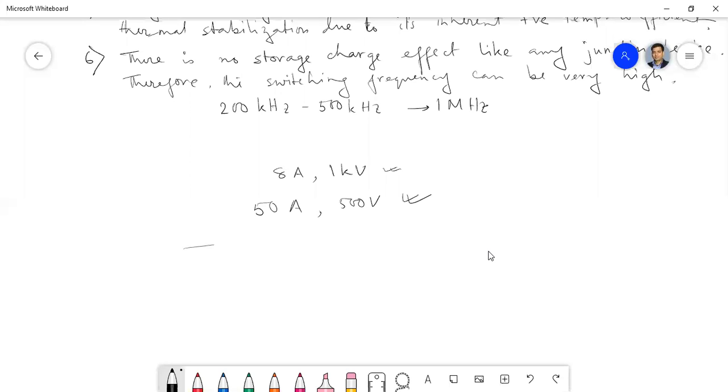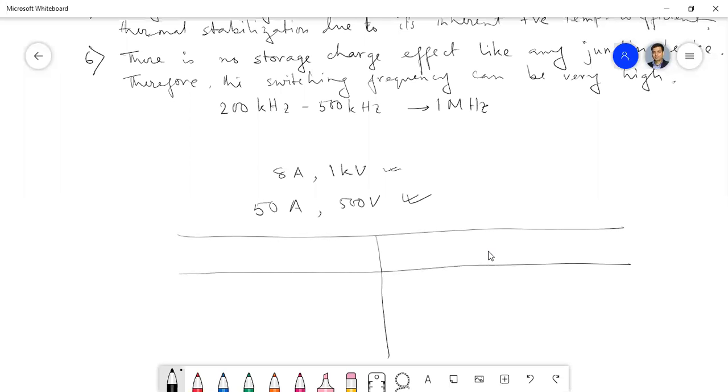If we are asked to write the comparison between two devices, one is BJT, another is MOSFET, both power BJT and power MOSFET, what observations can we make? First is the on-state voltage drop.